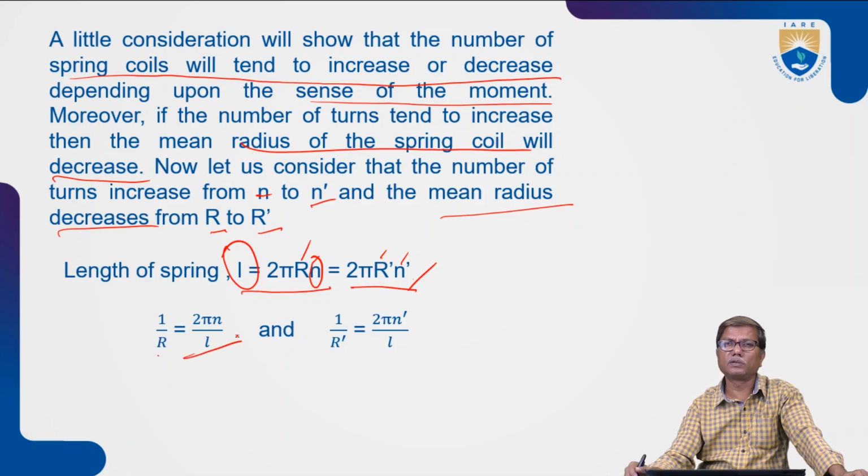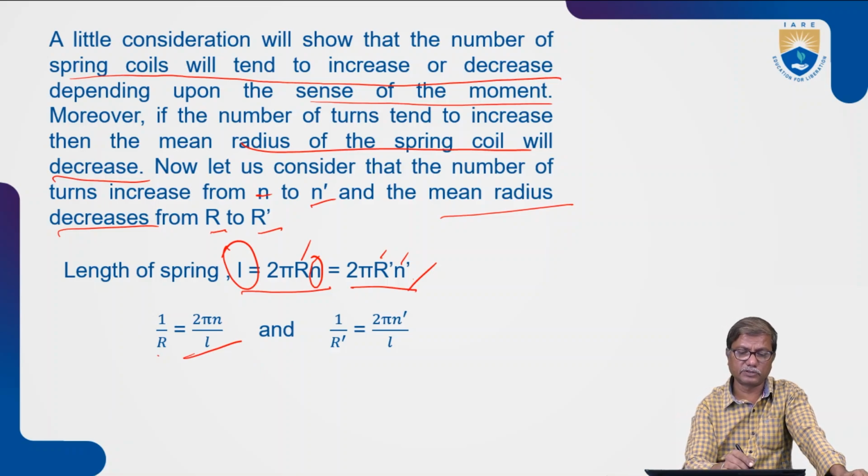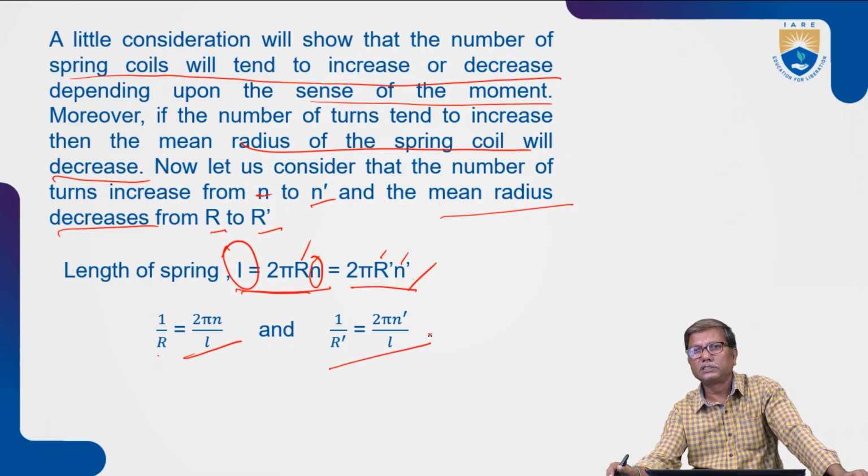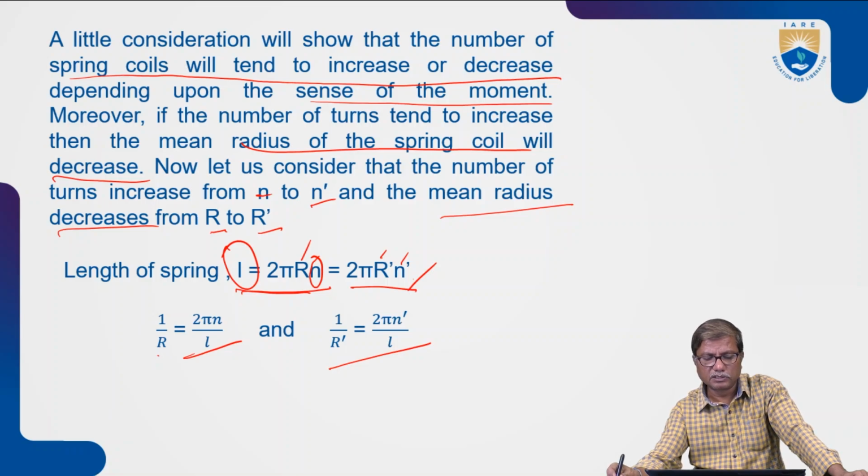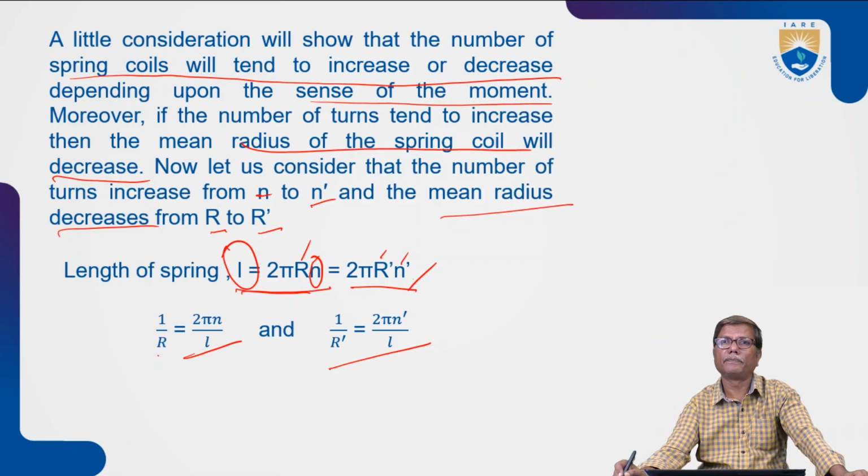Initially the curvature is 1 by r, so it is 2 pi n by l from this equation. Similarly, after axial twist is applied, the curvature of the coil 1 by r dash is 2 pi n dash by l.